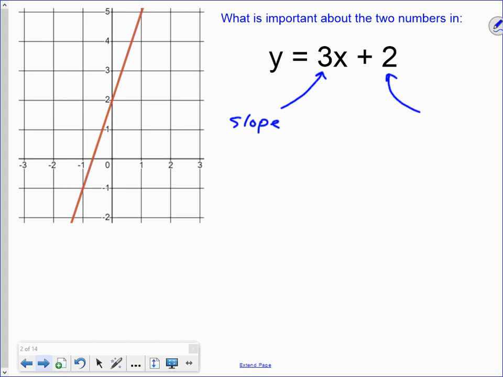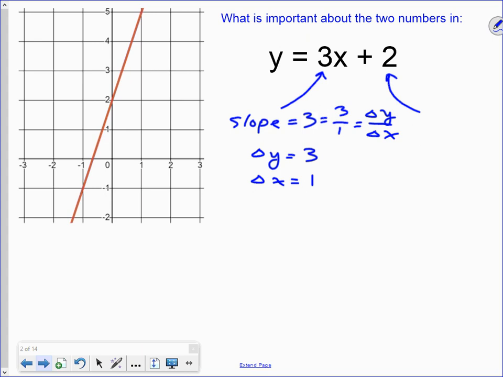And as we talked about when we were talking about slope, if our slope here is 3 or 3 over 1, this is telling us that for our line, our slope is change in y over change in x. So our change in y has to be 3, and our change in x has to be 1.